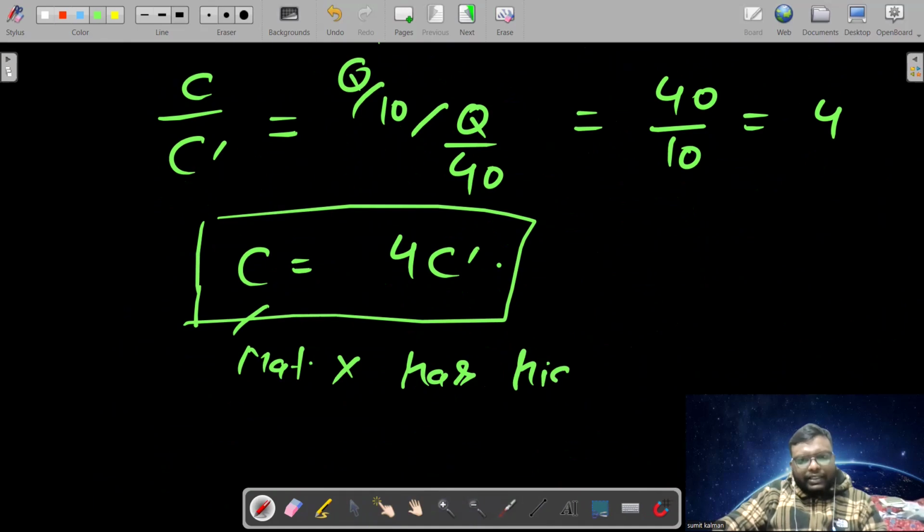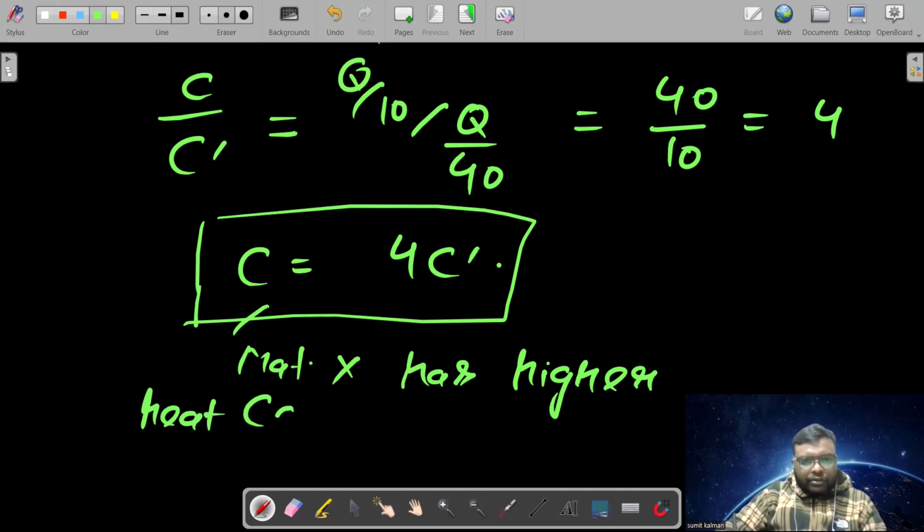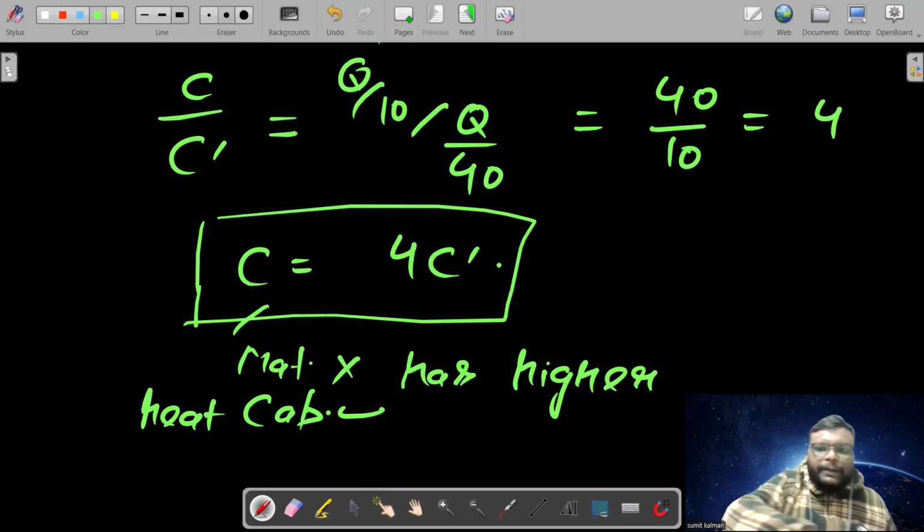So this was the solution of this problem. Material X has higher heat capacity.